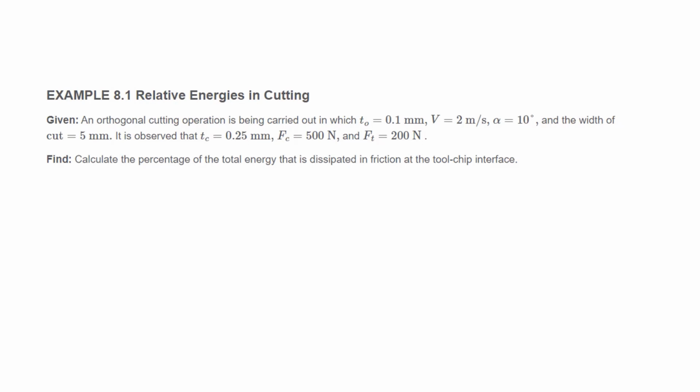VC is the chip speed. You agree? Because as I said, there is no evaporation. The evaporation is ignored, right? So how much material is removed in this direction goes just above this, the rake face. Right, Michael?